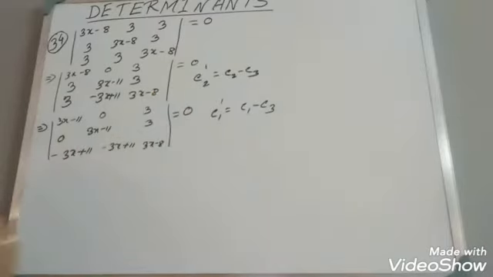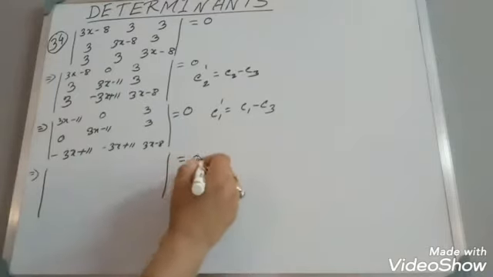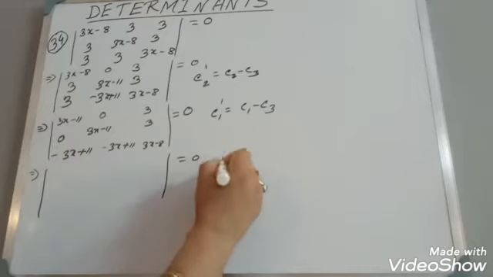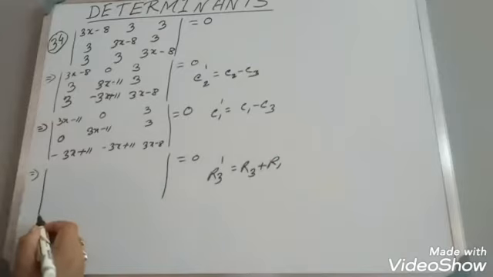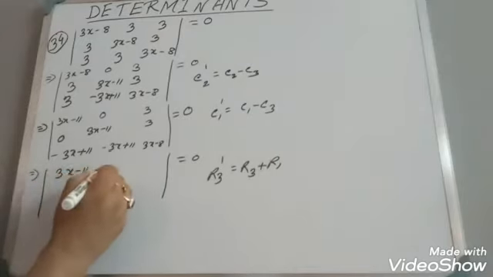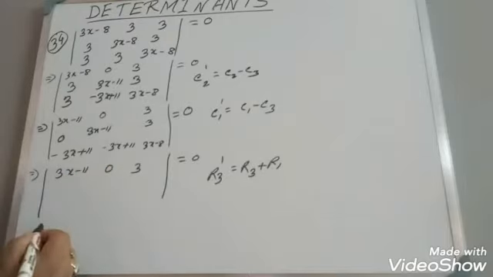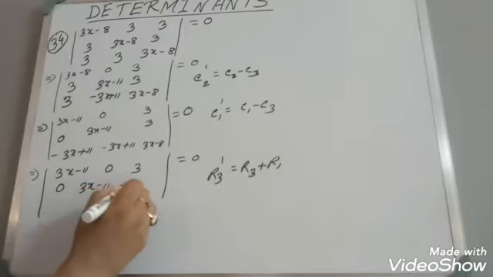Okay. Next operation will be given on the third row. So R3 dashed is equal to R3 plus R1. That means the first row will remain the same, so 3x, 0, 3. The second row also will remain the same, so it will be 0, 3x minus 11, 3.